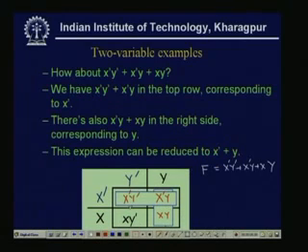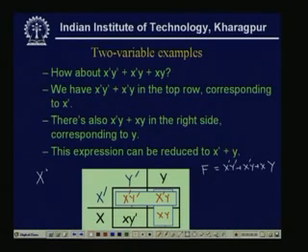Now, how will it be reduced? Say first from the table, if I consider only the first row, we have already seen that the reduced function from the first row will be simply x dash.